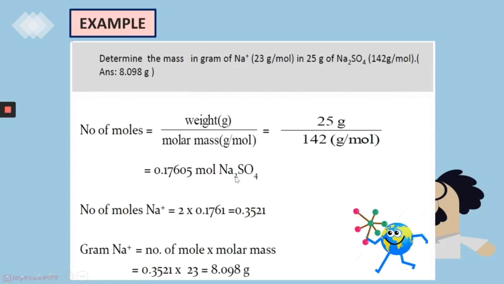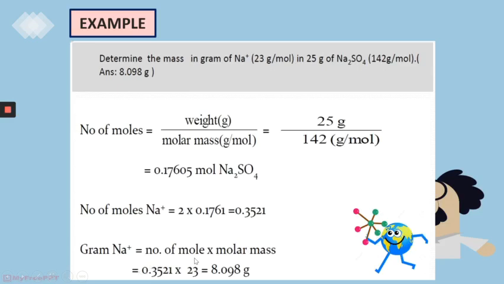So number of mole of sodium is 2 times 0.17605. You will get the number of mole of sodium 0.3521. Once you get this number of mole, in order to calculate the mass, you just have to multiply by molar mass.